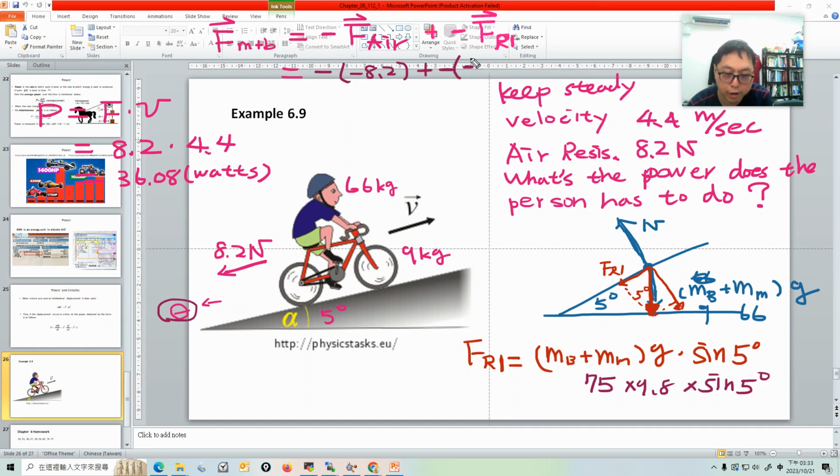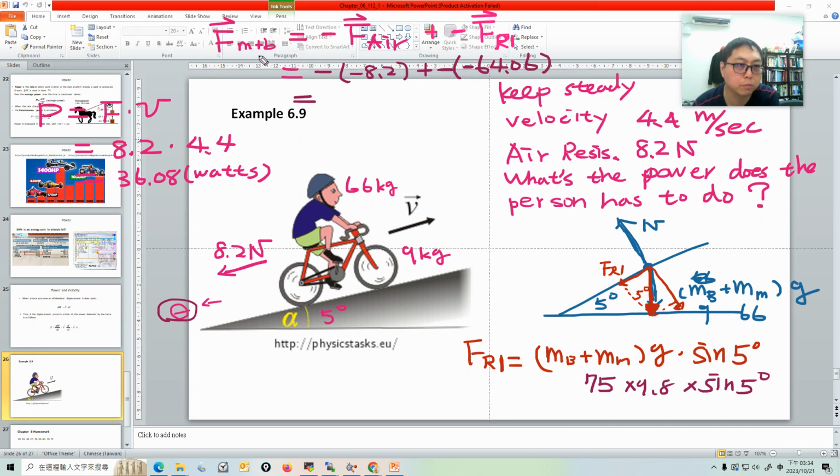Okay, let's do a calculation. 75 times 9.8 times sine 5 is 64.06. And then we have a minus sign in front of this term, because we want to produce the force.